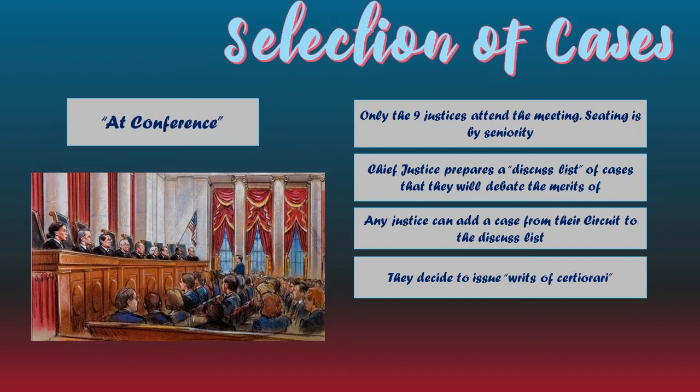The Chief Justice has what's called a discuss list of cases that the Chief Justice wants to talk about. And then any justice can add a case from their circuit to the list. So they're going to discuss all of the cases that are on the list, say, hey, here's why I think this is important, and they'll decide if any of the cases are worthy of getting a writ of certiorari.